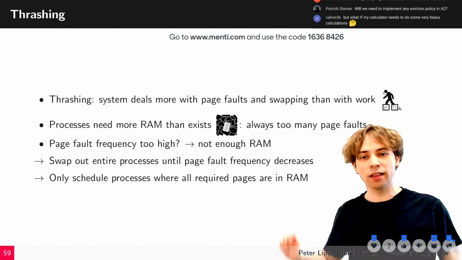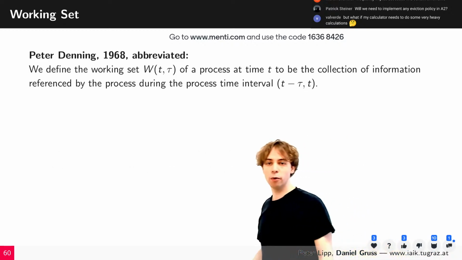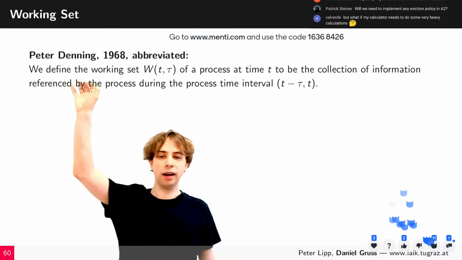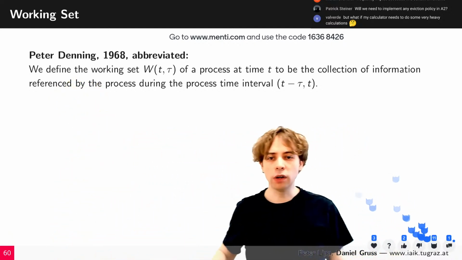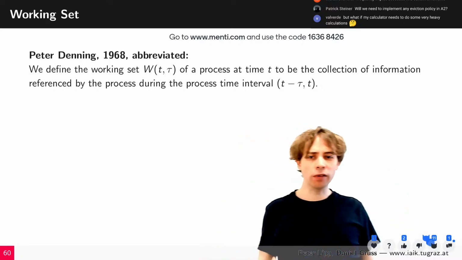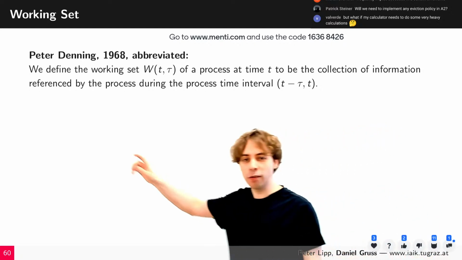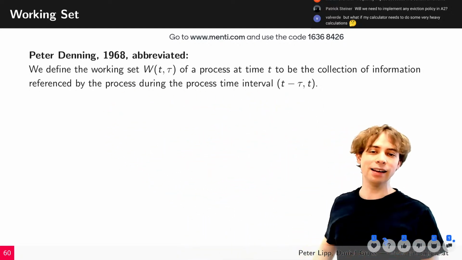And this is basically the start of the working set definition. Working set definition goes back to the 60s, and there the definition by Denning was: we define the working set W(t, tau) of a process at time t to be the collection of information referenced by the process during the process time interval t minus tau until t.